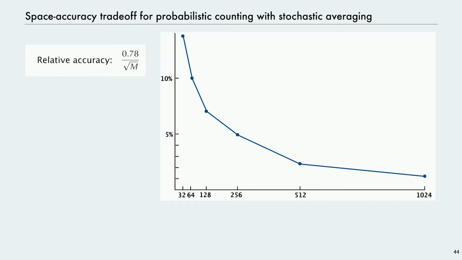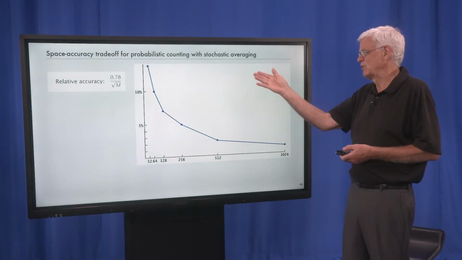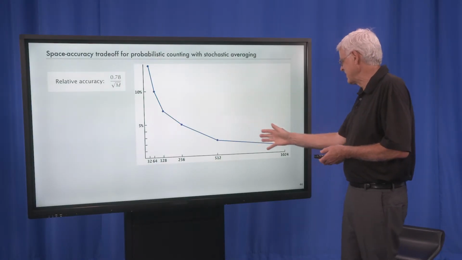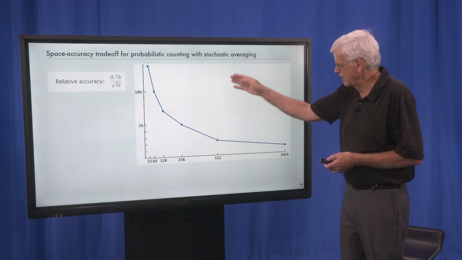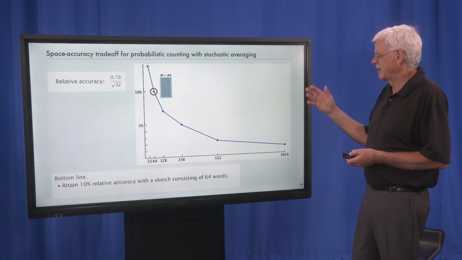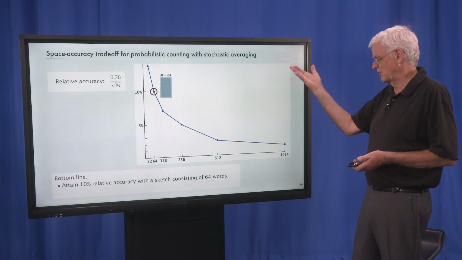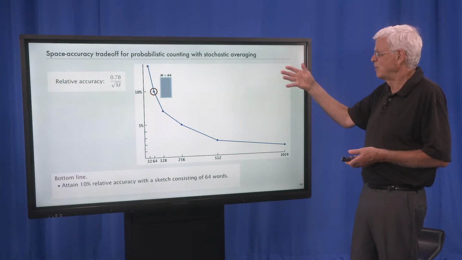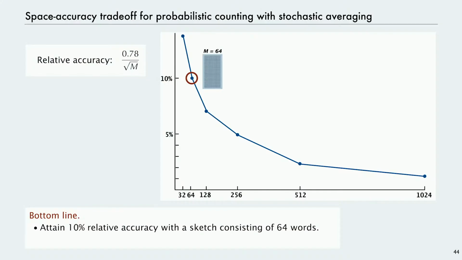Another way to look at it is this plot, which shows the amount of space used, the value of M, versus the accuracy, the trade-off for PCSA. So the accuracy is 0.78 over square root of M. As M increases, the accuracy gets better. The bottom line is, say, with 64 32-bit words, we get within 10%.